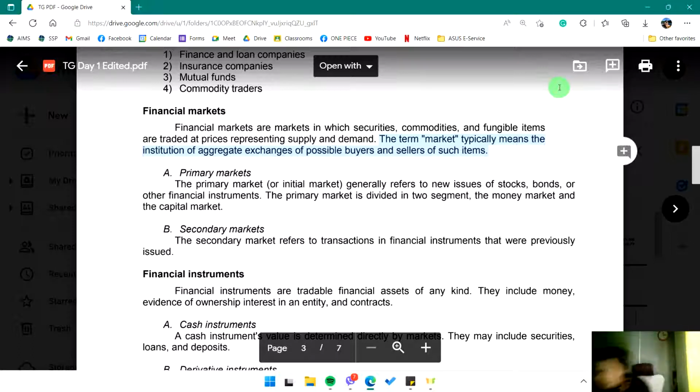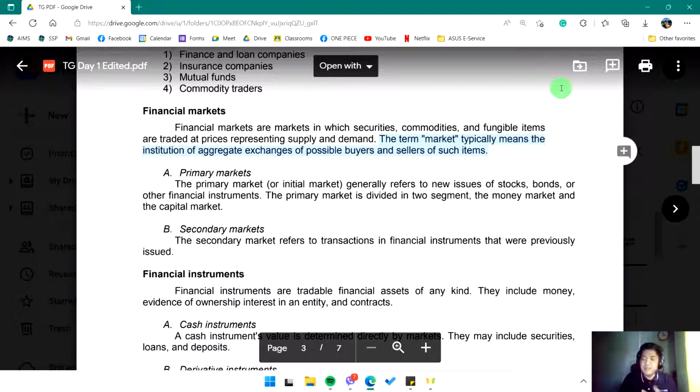Okay. Since yun nga yung definition natin ng market, that will be the definition of the term market for future references. When we say market, this typically means all of the information about the buyers and sellers of such items.